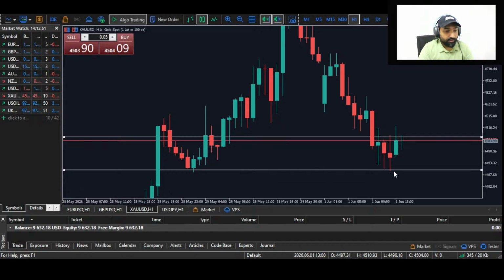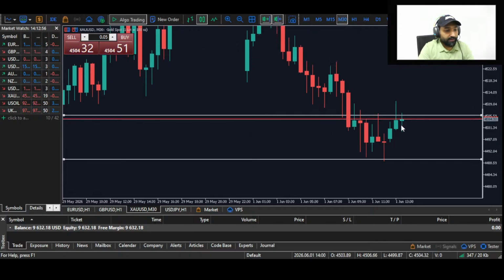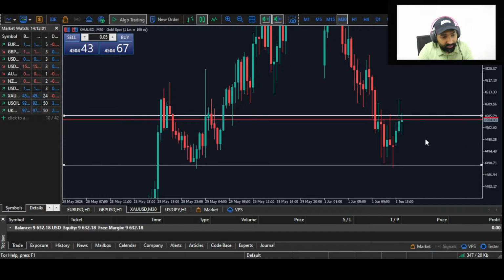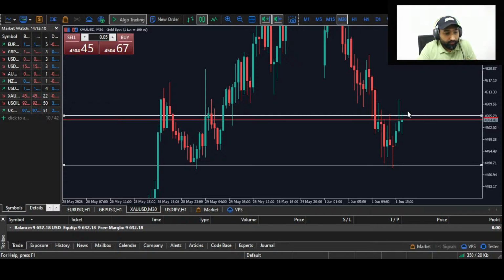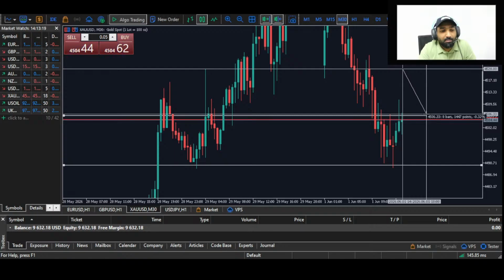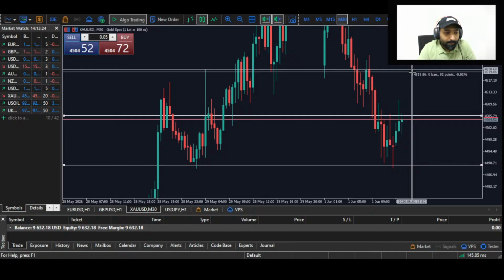On 30 minutes, the lower the time frame, the more noisy the picture gets. You get more traffic, more noise. So if we break above this on 30 minutes, you see, we have a clean range, 140 pips, just here.